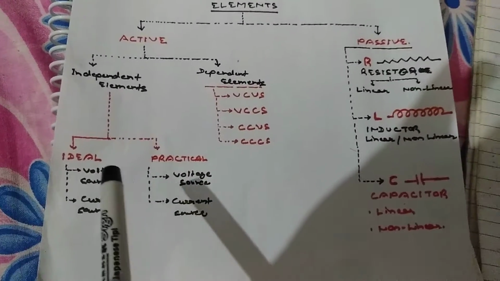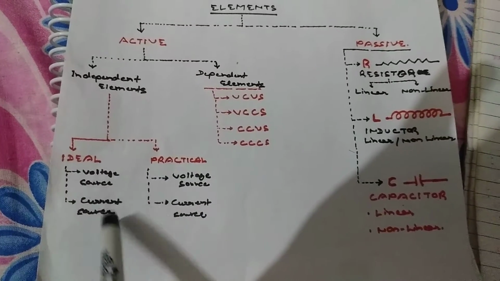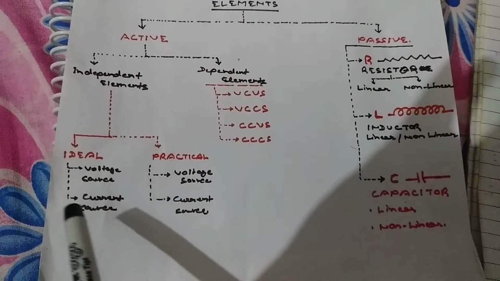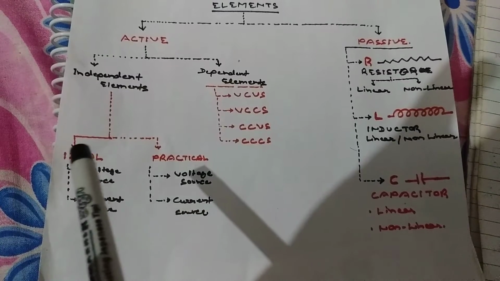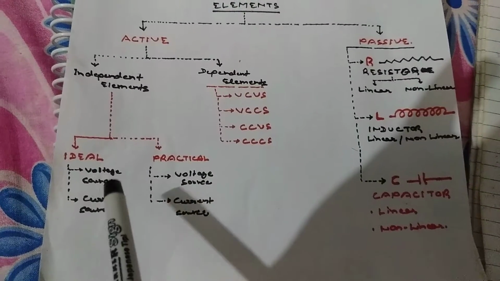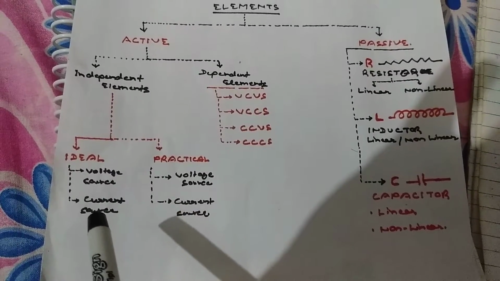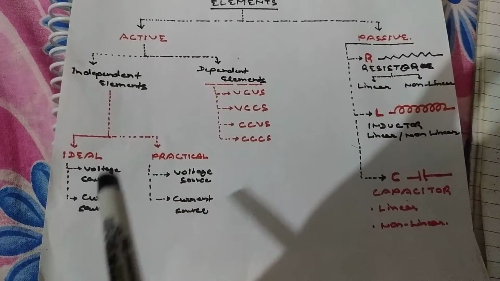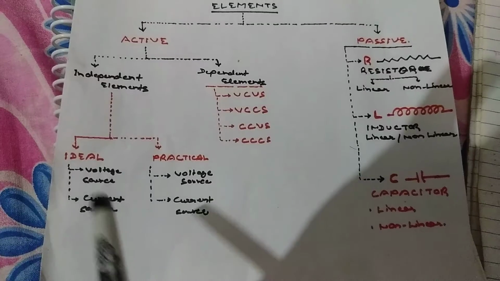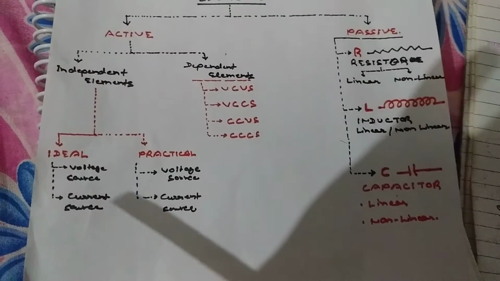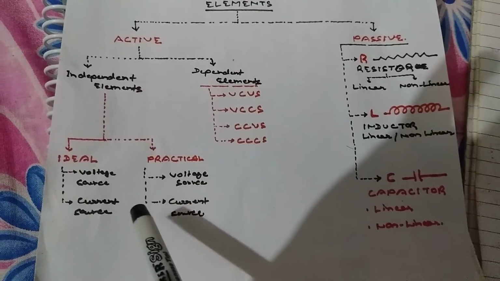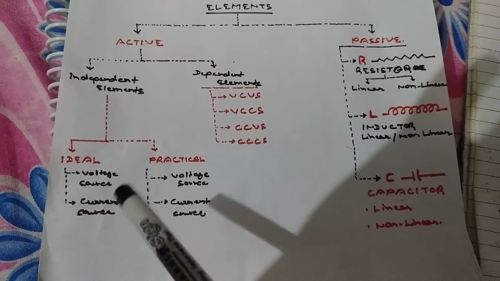We know that an ideal voltage source has zero internal resistance and an ideal current source has infinite internal resistance. That's what I am going to discuss in further lectures.